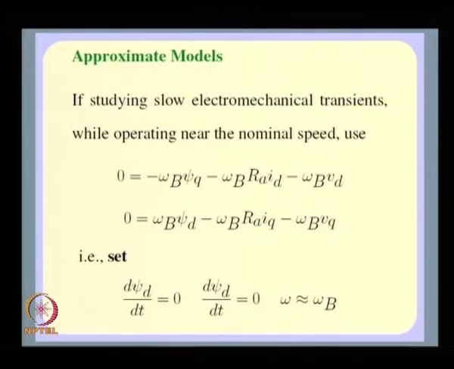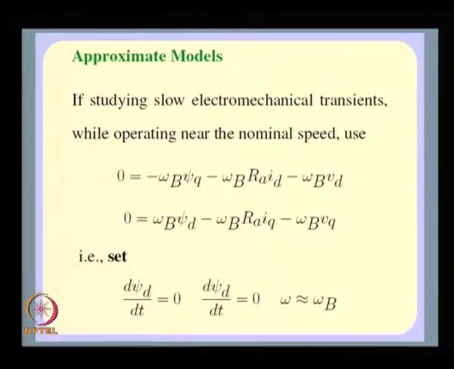Okay. One of the models which you have already kind of beaten to death, or rather one approximation which you have considered fairly in the past 2 or 3 lectures, was replacing the d psi d by dt and d psi q by dt differential equation by algebraic equations.